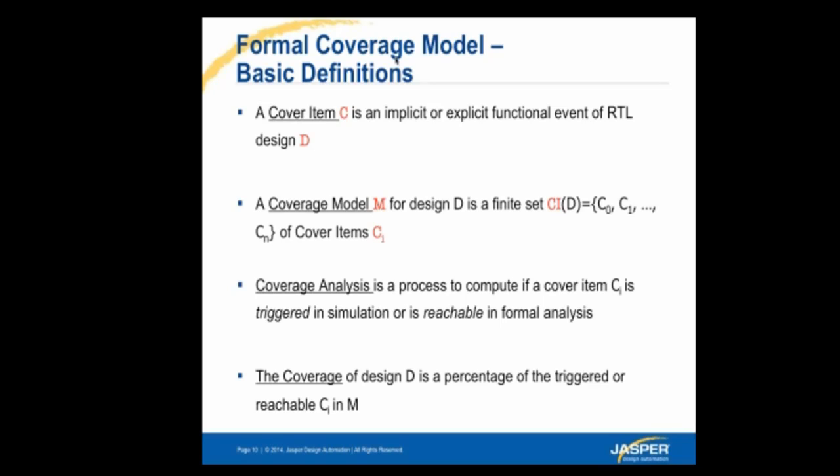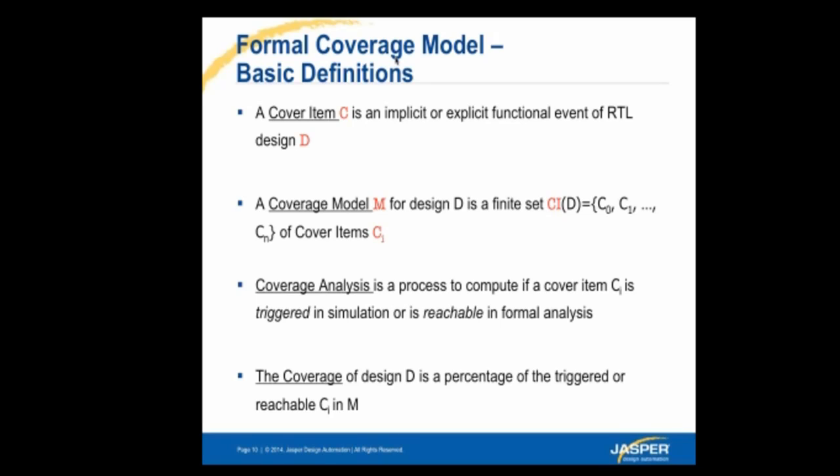The collection of these sets, we call CI(D). In the coverage analysis, we try to identify their status from the formal techniques by running them formally and seeing, for each cover item, whether it is coverable or reachable, or not reachable.